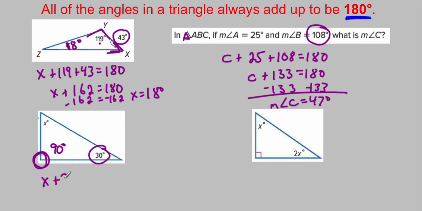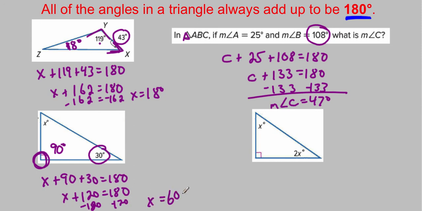So add all of our angles up. X plus 90 plus 30 is equal to 180. So x plus 120 is equal to 180. Subtract my 120, and yes, I want to see your work. And x is equal to 60 degrees. So my missing angle up here is going to be 60 degrees.